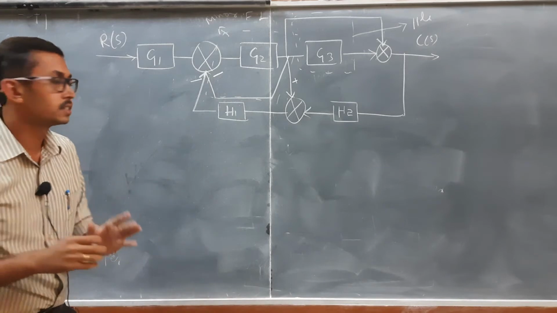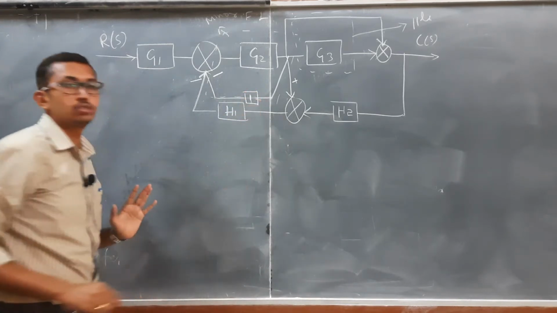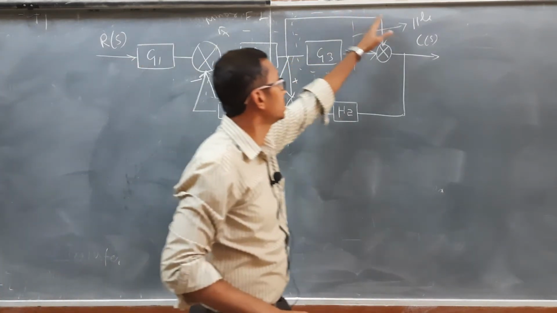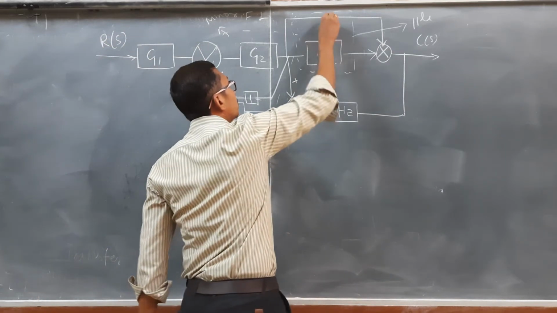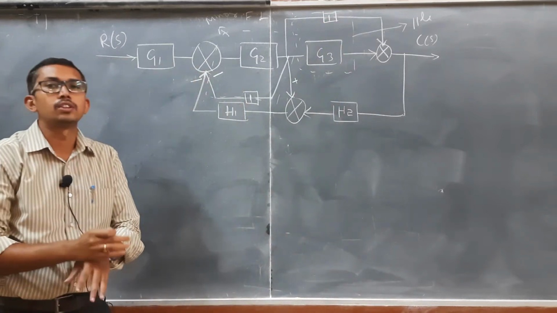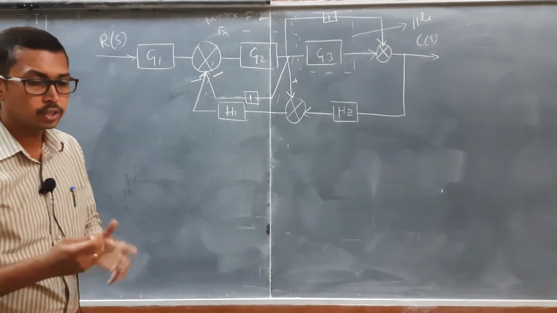If nothing is there in that signal, then we need to consider a block with a transfer function of 1. In the same way, here also in this signal there is no block at all, so we need to consider a block with the transfer function of 1.